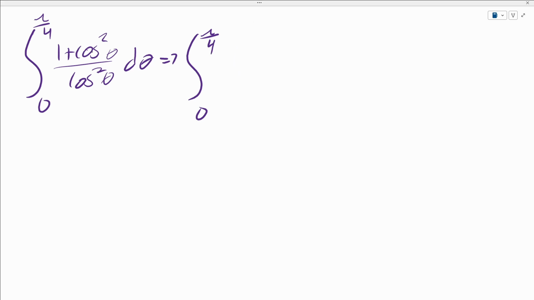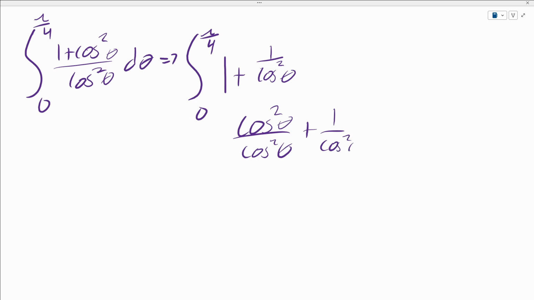So this 1 plus cosine squared theta over cosine squared theta can be rewritten as 1 plus 1 over cosine squared theta. You can see that this actually works because 1 can just be represented as cosine squared theta over cosine squared theta. And then if we have plus 1 over cosine squared theta, we can just see if we combine like terms in the denominators, we'll be left with cosine squared theta plus 1 over cosine squared theta, which was the same thing that we had in our original integral.